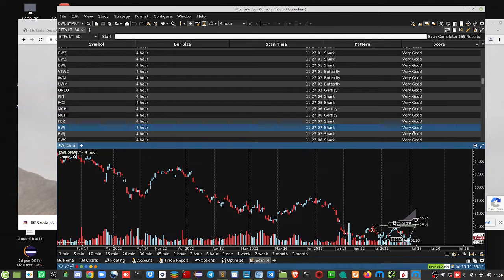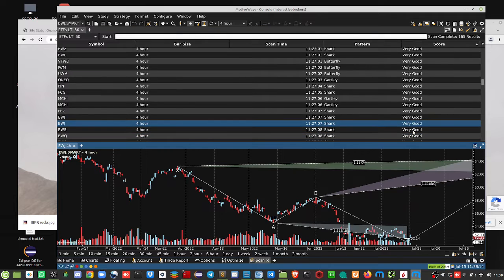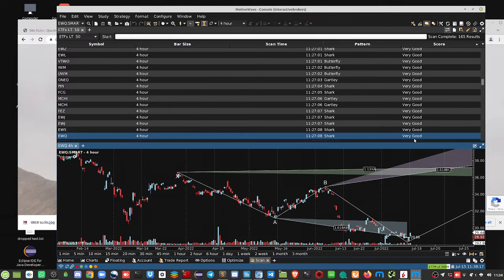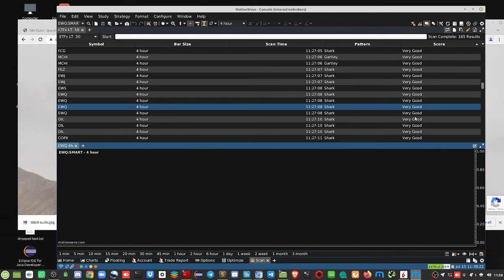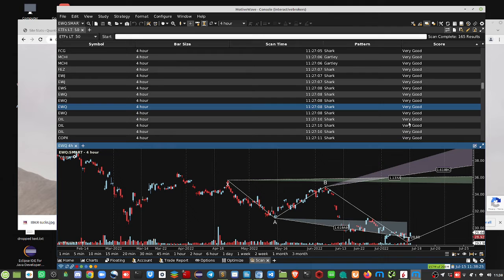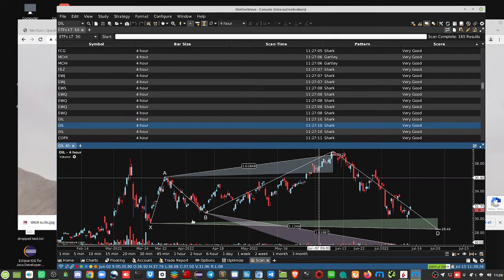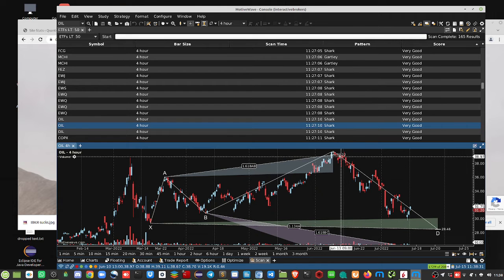Ugh, what a mess. These are different countries, which are MSCI. Here's oil. Again, nice little rally there, March till sometime in June. It's been in decline since.